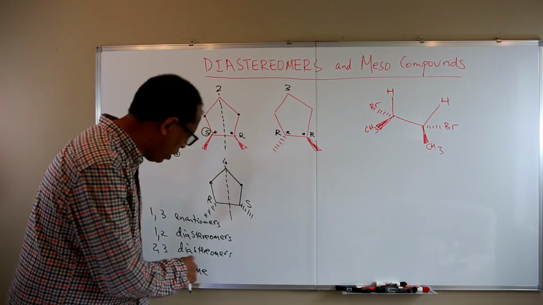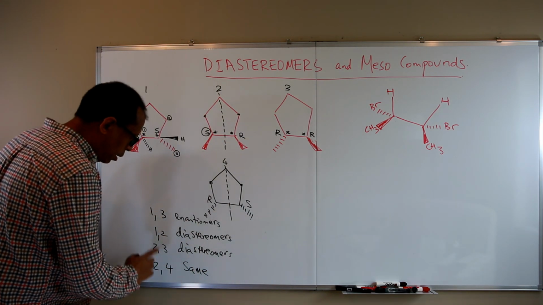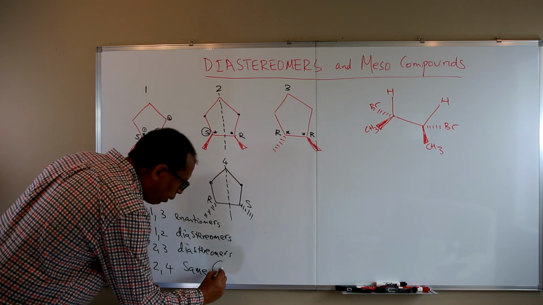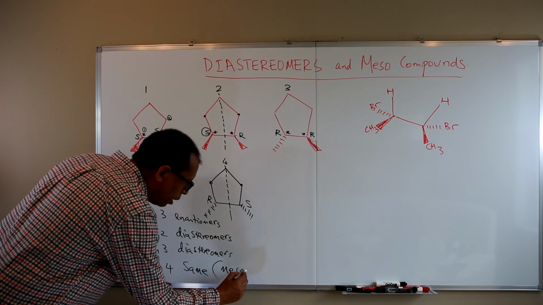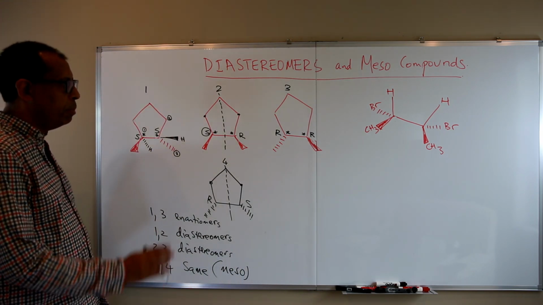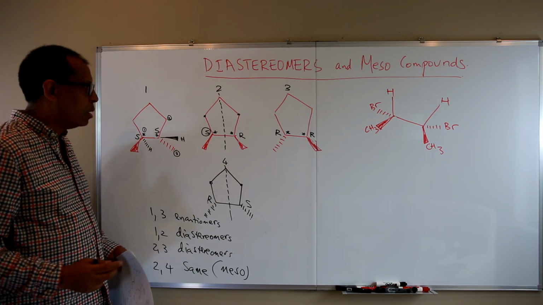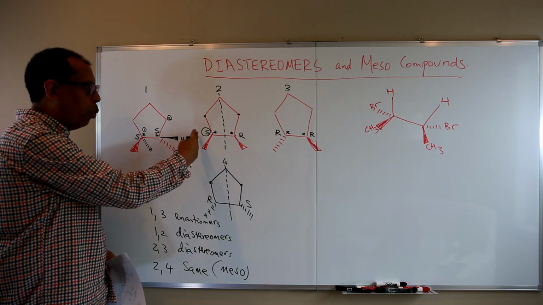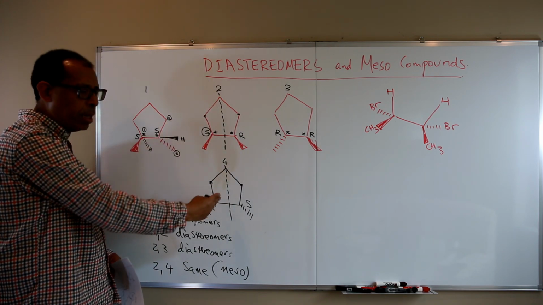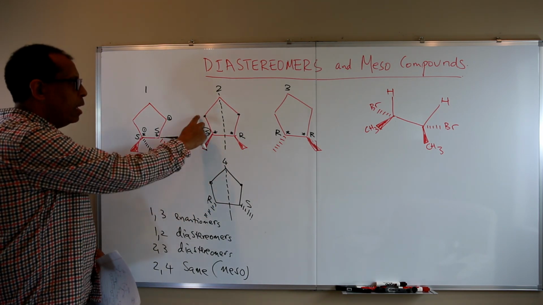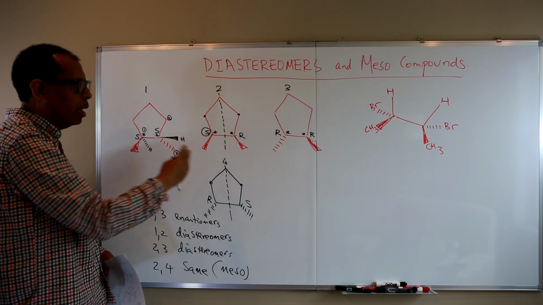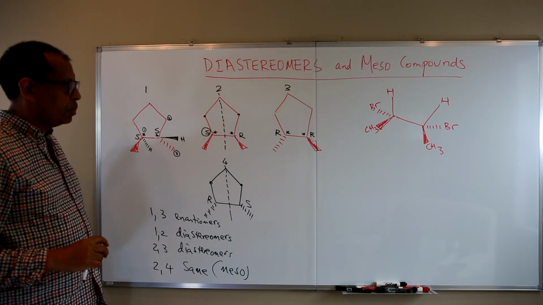So 2 and 4 is the same compound, it's just one compound. That compound is a meso compound. So a meso compound is a compound where you have stereogenic centers that are reflected one over the other through a plane of symmetry within a molecule, and everything is reflected. So those are meso compounds.